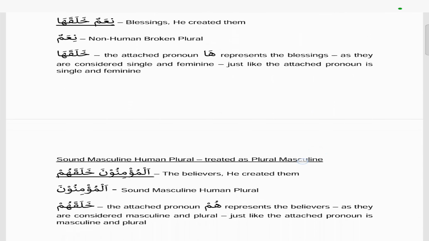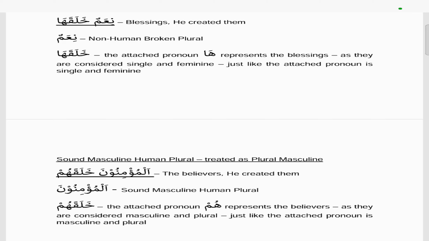So here we go, another example, ni'amun khalaqaha. Which means blessings, he created them. So ni'amun again is a non-human broken plural. It's non-human because we're not talking about people. It's broken because the makeup of the original single version has been broken in order to produce the plural. So it's not like a sound plural where extra letters have been added to the end, therefore it's broken. So it's a non-human broken plural.